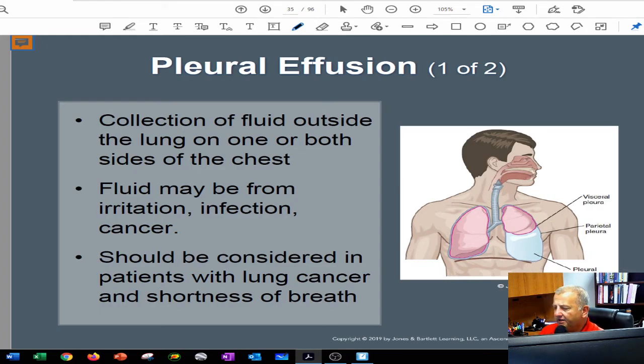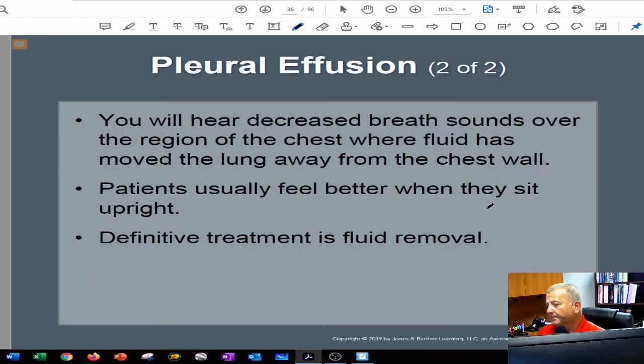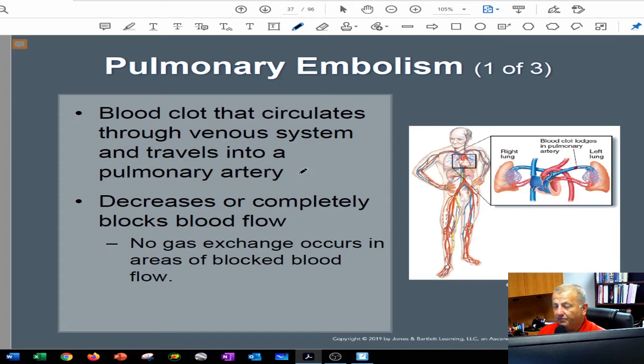You can actually hear the fluid there. Sounds like crackles. A lot of times though their breath sounds will be decreased too, where you can't hear it. And the treatment is just to get rid of that fluid, to remove it. They'll actually stick a needle in and draw it out.